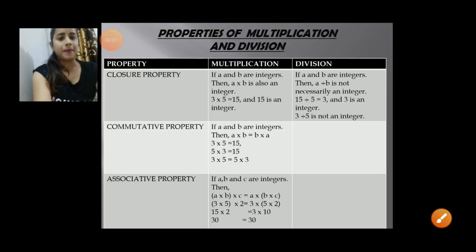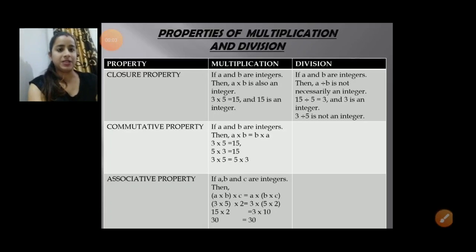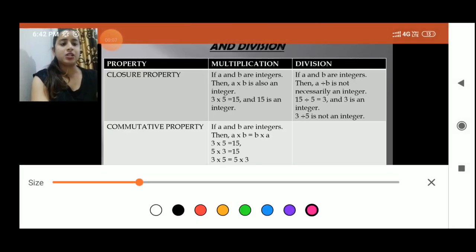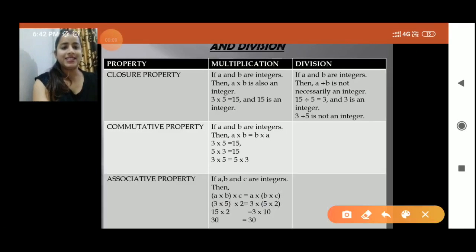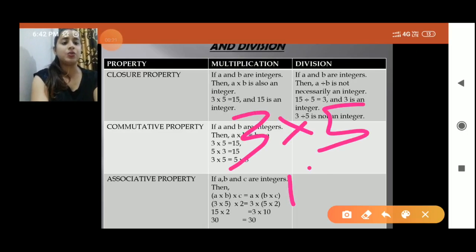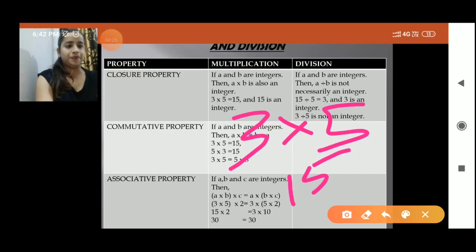So the next topic is properties of multiplication and division. The first property is closure property. It states that if a and b are integers, then a into b is also an integer. If 3 and 5 are integers, then 3 into 5, which is equals to 15, is also an integer.